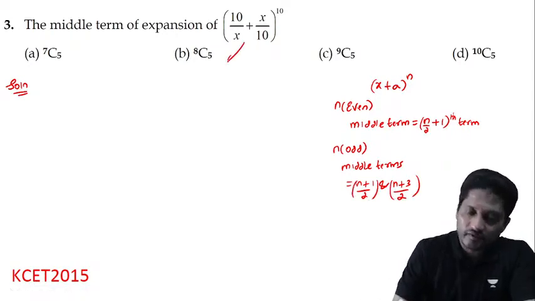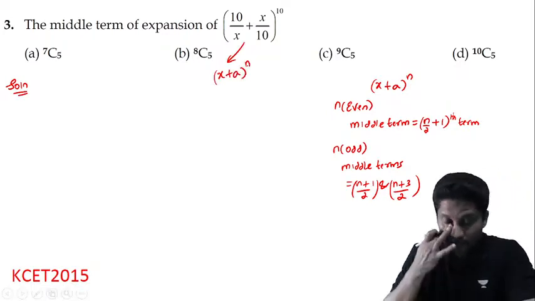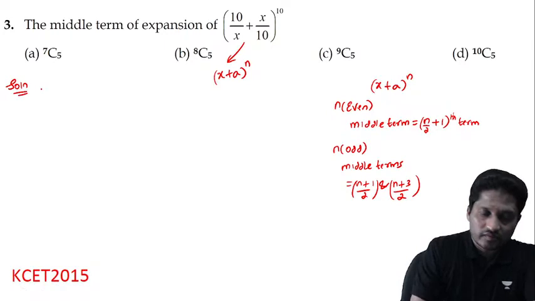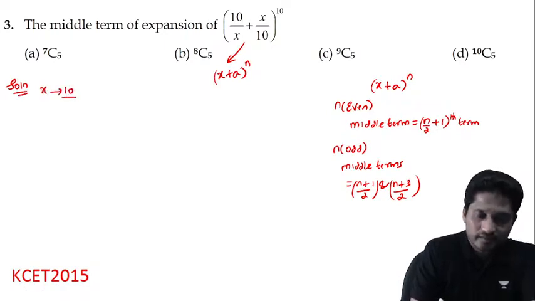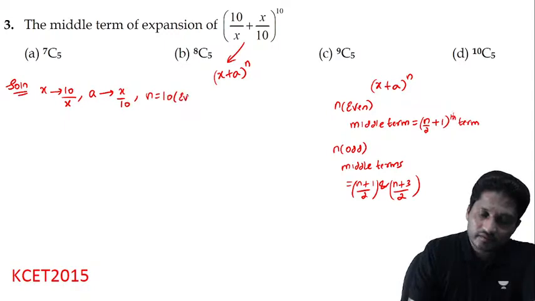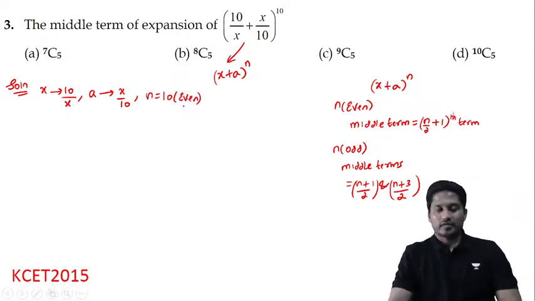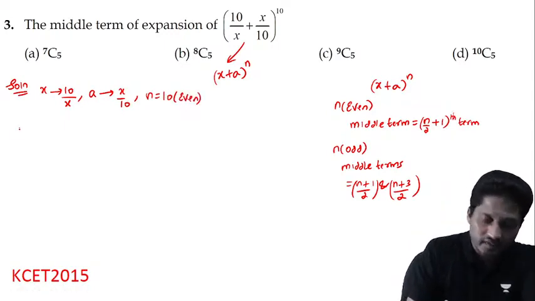Now this is of the form x plus a whole power n. x is equal to 10 by x, a is equal to something by 10, and n is equal to 10, which is even. So if it is even, the middle term is n by 2 plus 1th term.